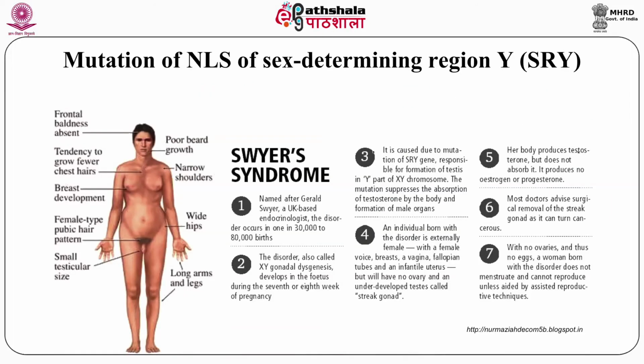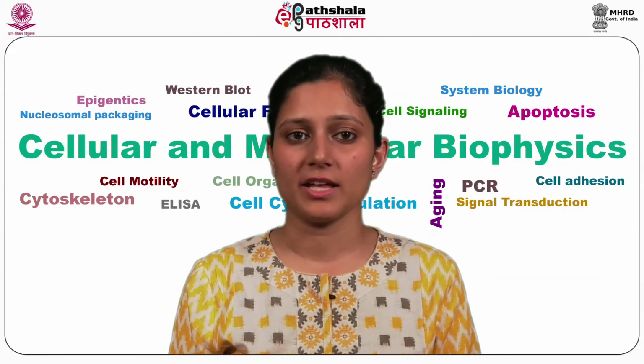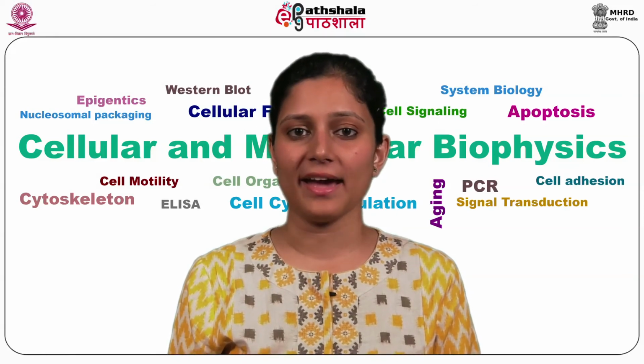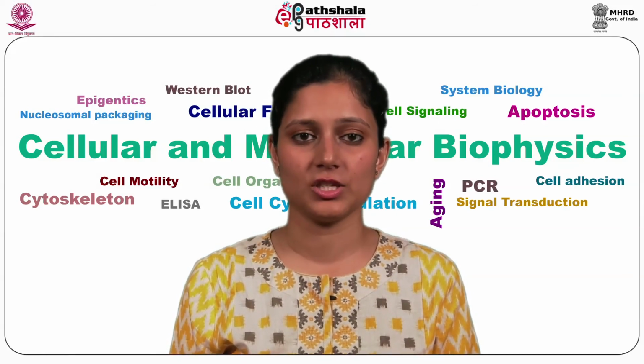Let's talk about Swyer syndrome, a disease caused by mutation of the nuclear localization signal of the sex-determining region Y, SRY gene. Swyer syndrome is a sex reversal disease of males caused by XY gonadal dysgenesis. SRY is transported by a specific importin to the nucleus to activate testis-related genes.